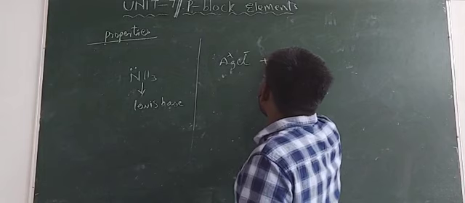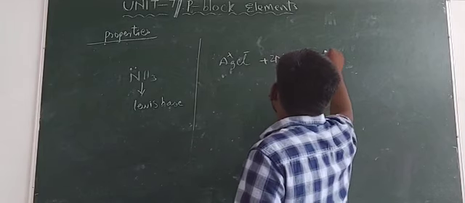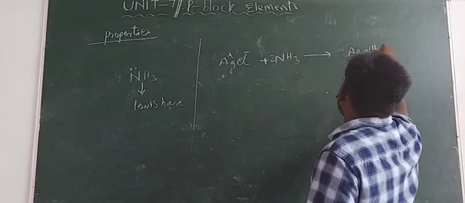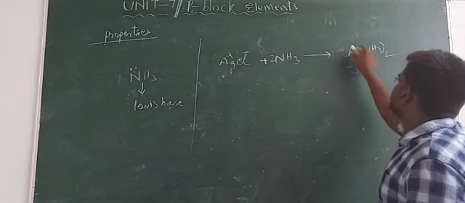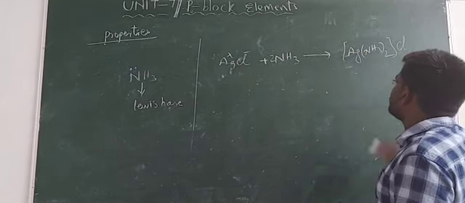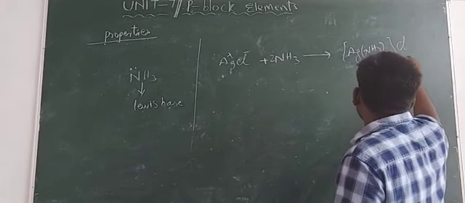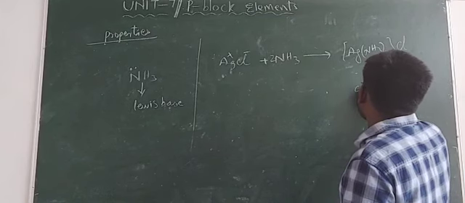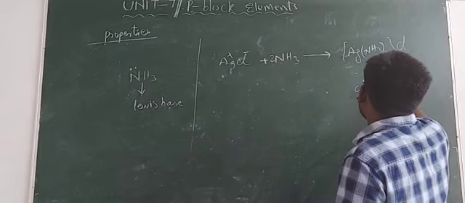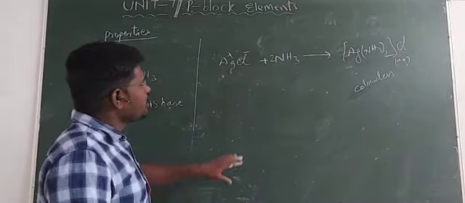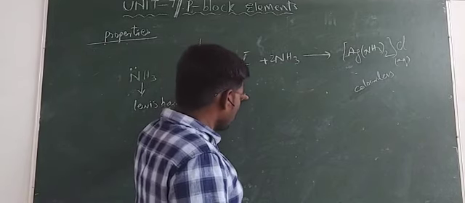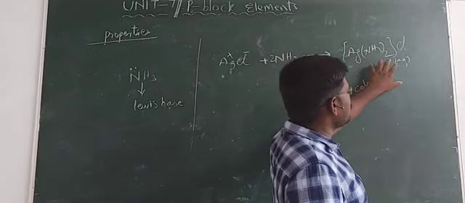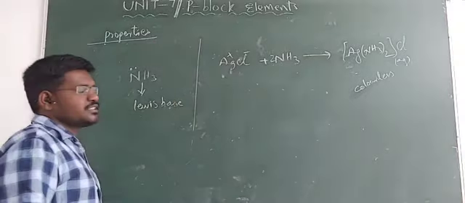When you treat this with 2 moles of NH3, we get a complex compound, [Ag(NH3)2]Cl. This is soluble in water and is a colorless substance, right? So when you treat AgCl with ammonia, we get a soluble complex compound which is colorless.